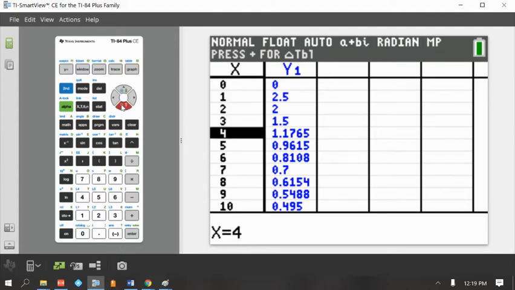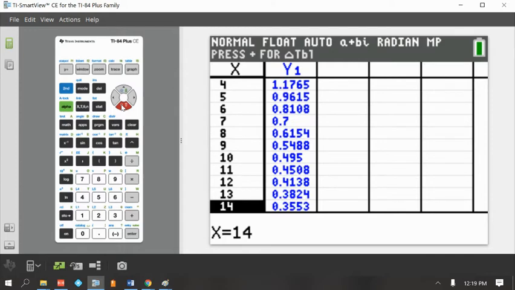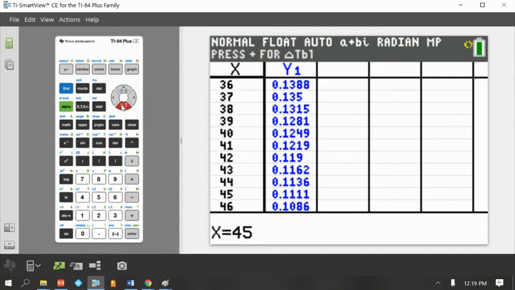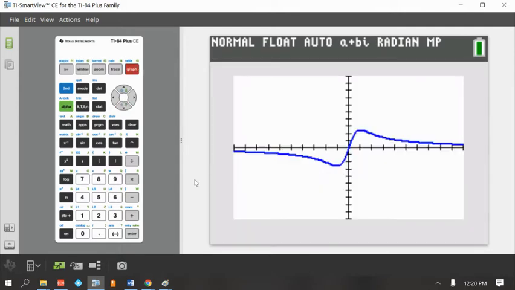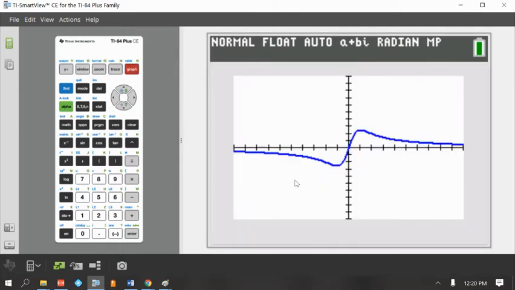If I go past 10, 0.4, 0.3, 0.2, all the way out to 0.1, it is getting smaller and smaller. It's going to keep getting closer and closer to 0. It comes to a point where, oh man, 0.062, that's as far as I want to go. It comes to a point where it just becomes 0.0000001.